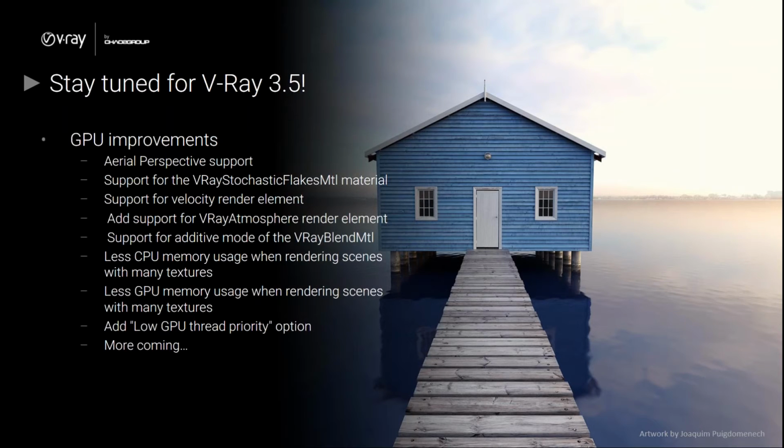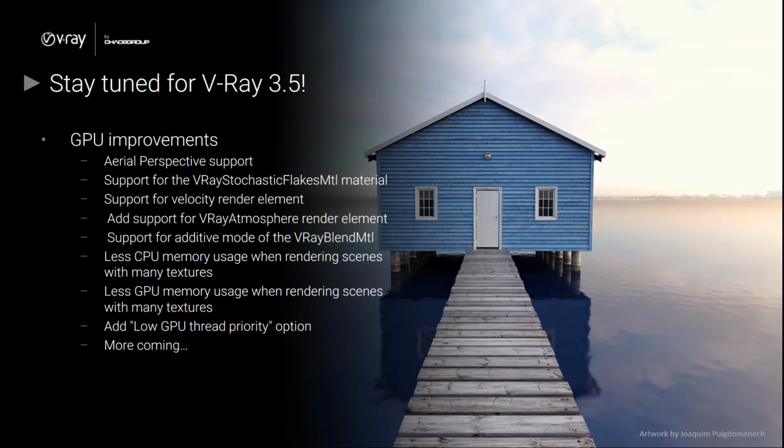And with each and every service pack, if you open the changelog, you're going to see a bunch of improvements and a bunch of new features supported on the GPU. And this is the case in 3.5 again. I have listed here just a few of the GPU improvements because there are really a lot.